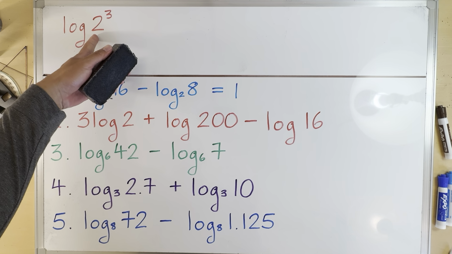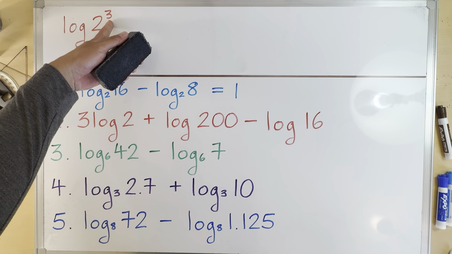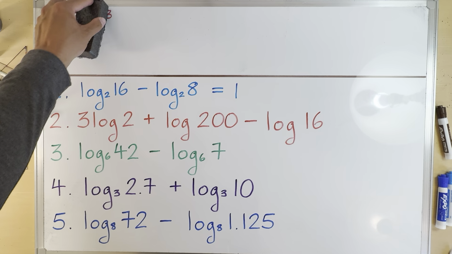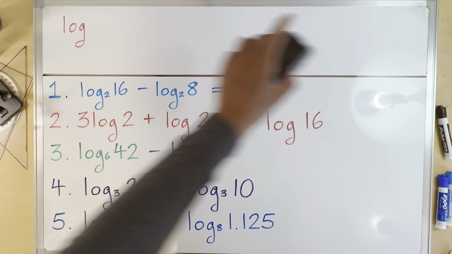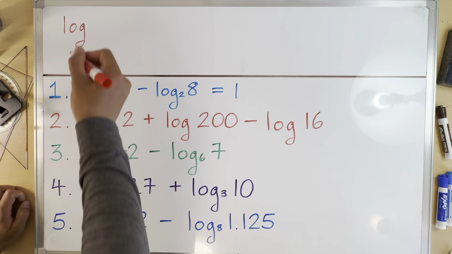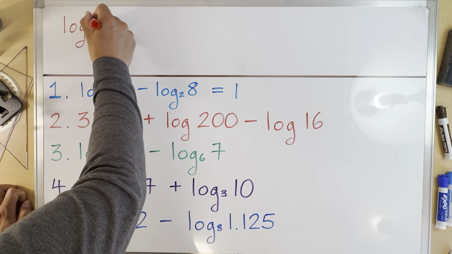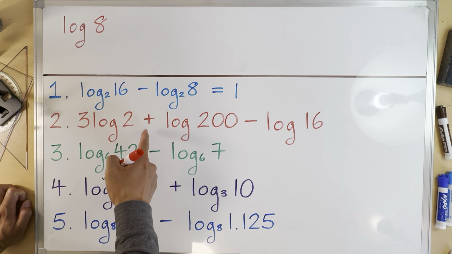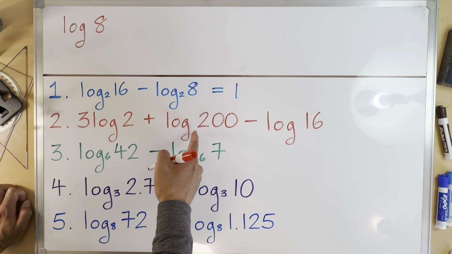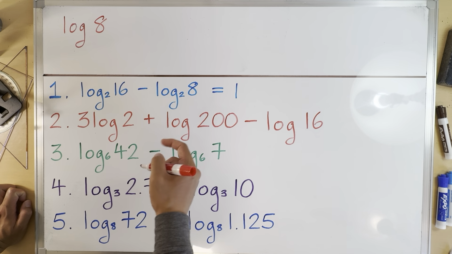So I'm going to erase 2 to the power of 3 and replace it with 8, plus the log base 10 of 200.